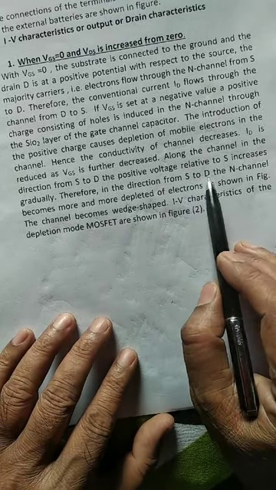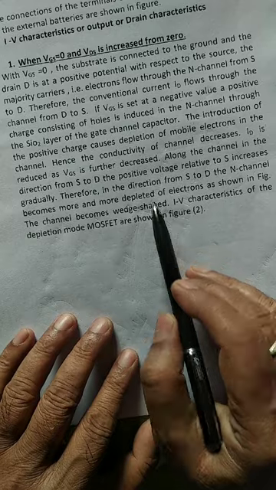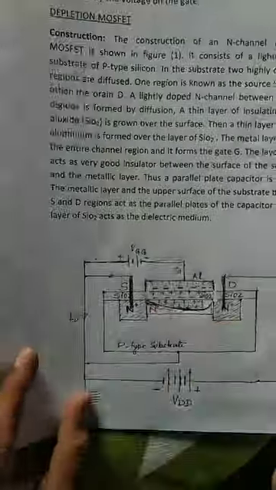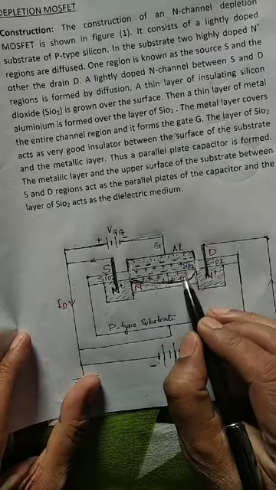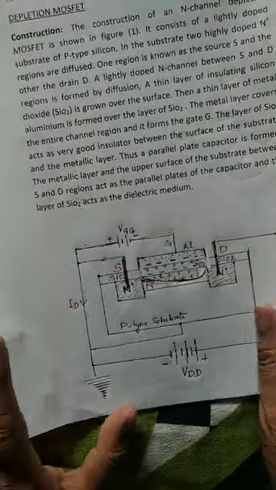Therefore, in the direction from S to D, the N channel becomes more and more depleted. More and more depleted means plus here will increase. That is why it is called depletion type.